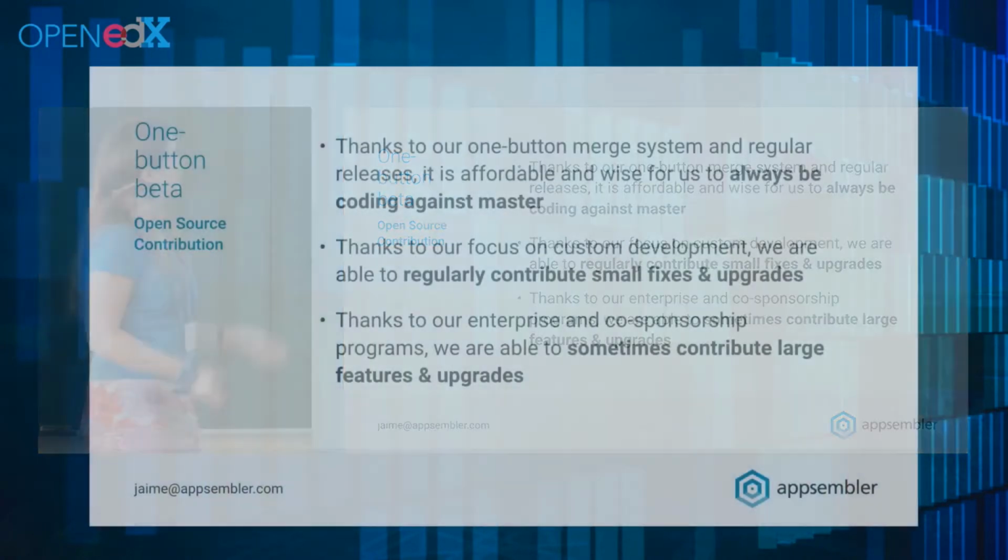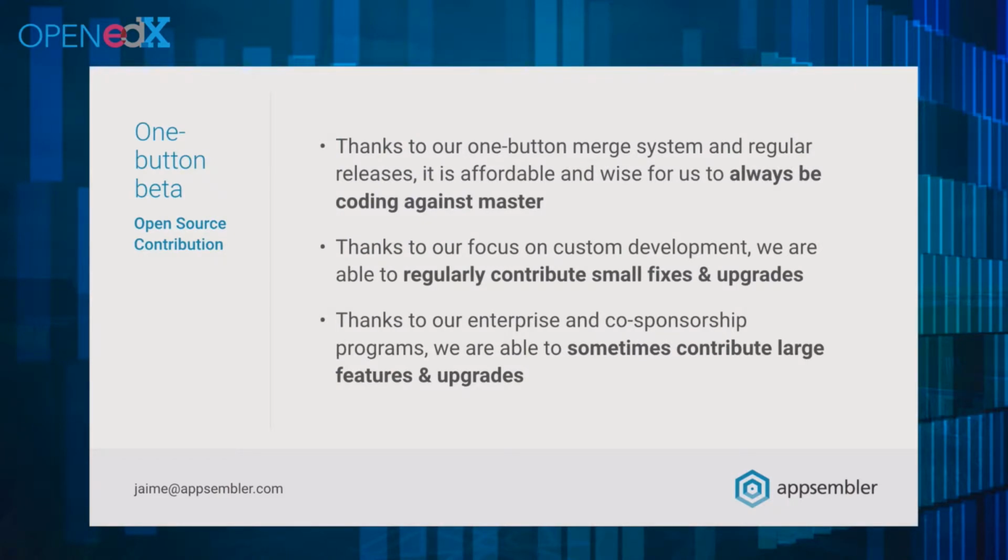One of the things I really wanted to happen with this one-button solution was to solve the idea of what do we do when client code diverges from the edX platform. So the one-button beta solves this as best as we could find.